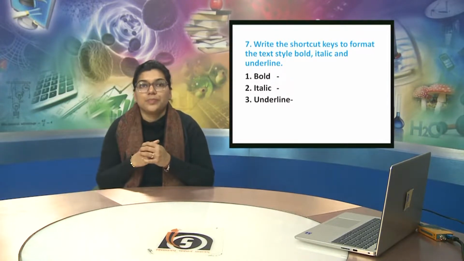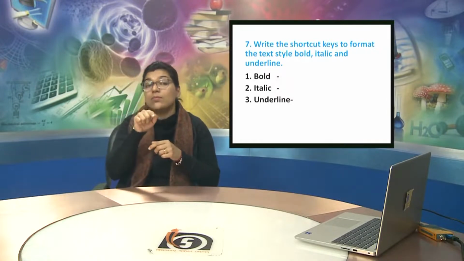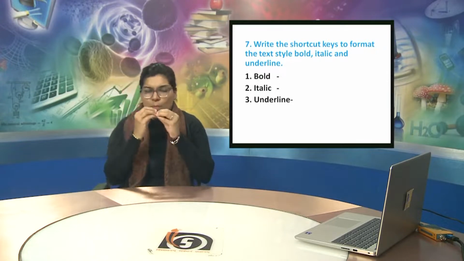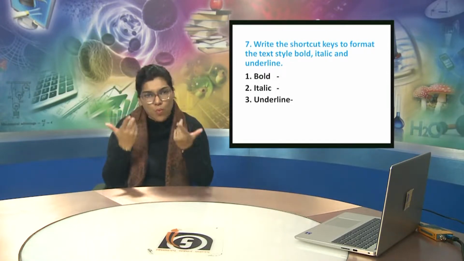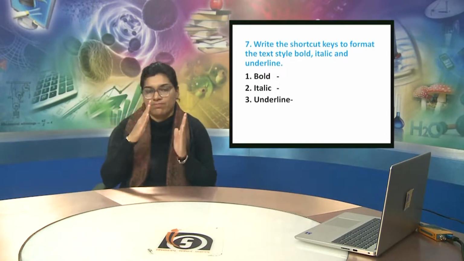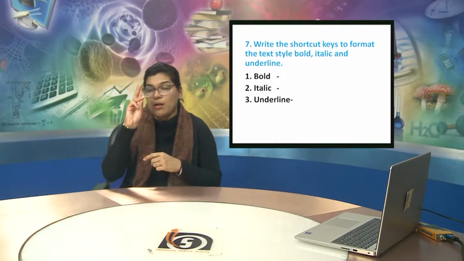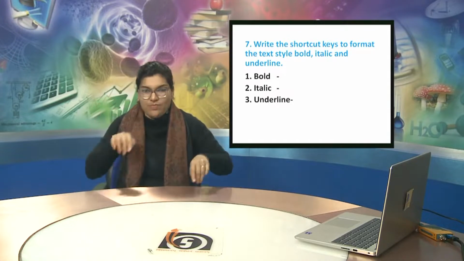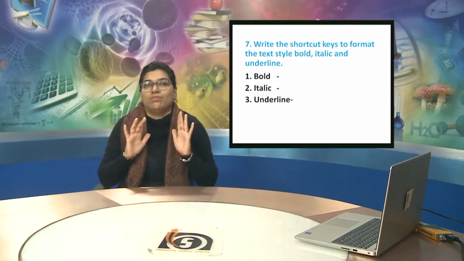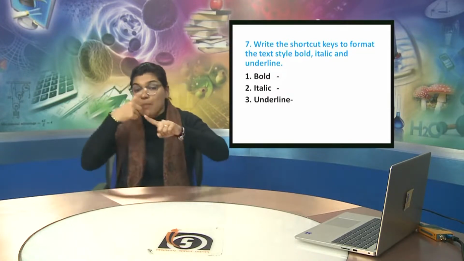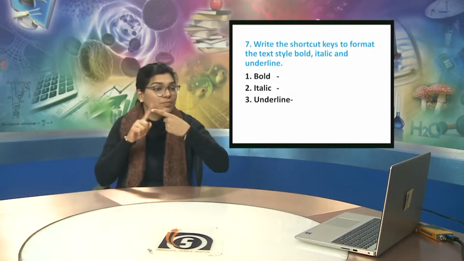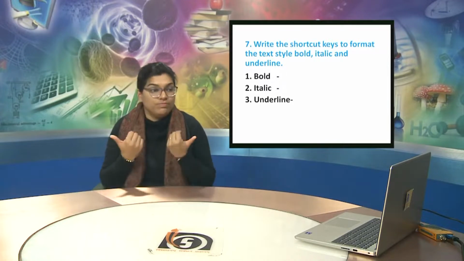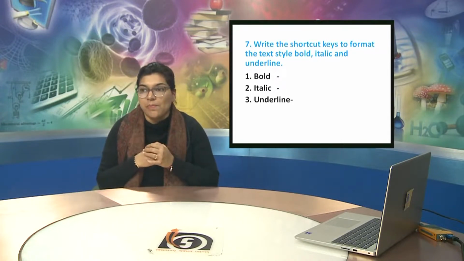Seventh, write the shortcut keys to format the text style bold, italic and underline. You have to write the shortcut keys for the 3 options, that is bold, italic and underline. Please write your answers in the chat box.